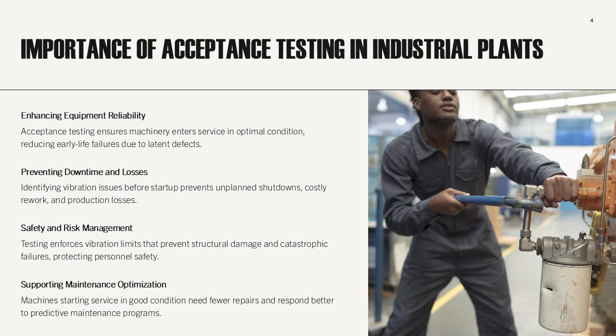Additionally, acceptance testing supports long-term maintenance optimization. Machines that start their service life in good condition typically require fewer corrective maintenance interventions and respond better to predictive maintenance programs. Overall, acceptance testing is a proactive engineering practice that aligns technical integrity, operational reliability, safety, and cost control into a single, structured process.